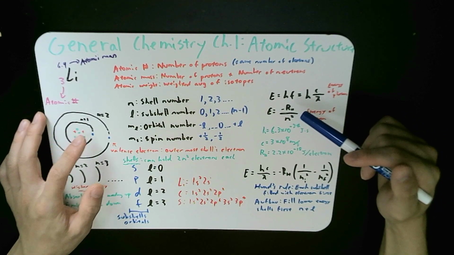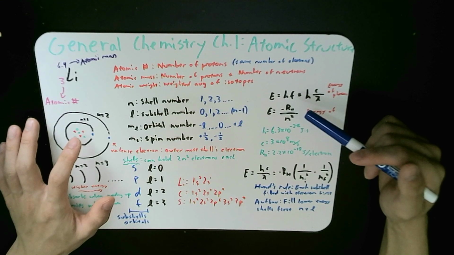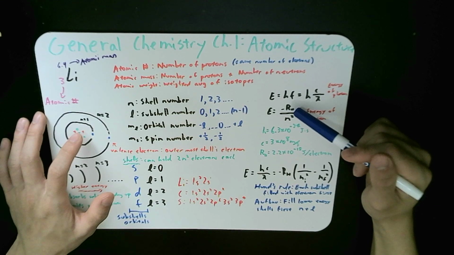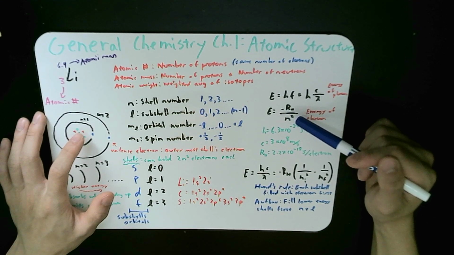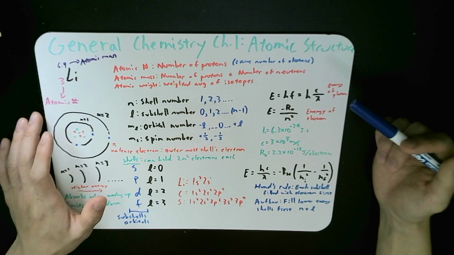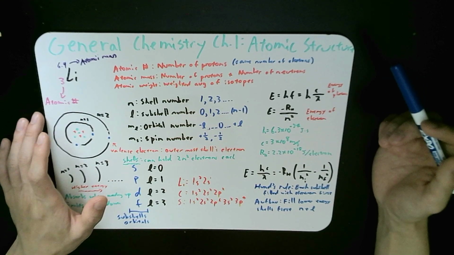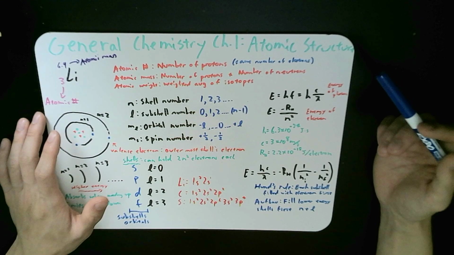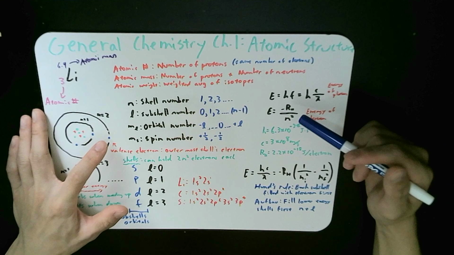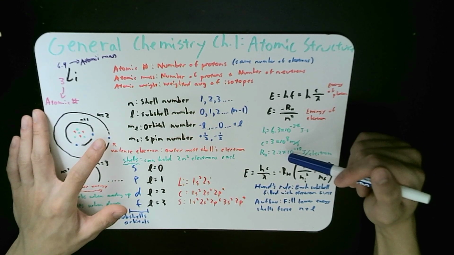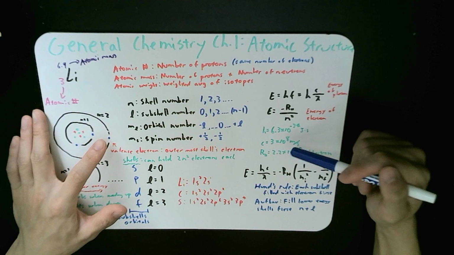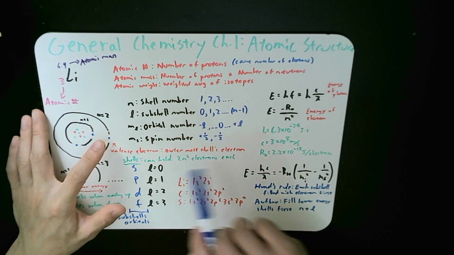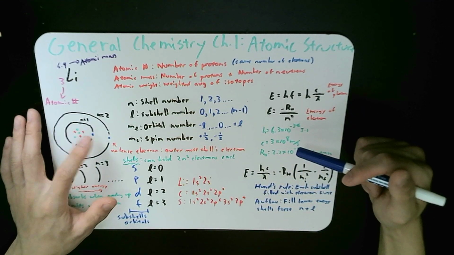So the energy of an electron in shell number 1 is negative RH divided by 1 squared, so that's negative 2.2 times 10 to the negative 18 joules. That's its potential. For shell number 2, it's over 4, which becomes about negative 5 times 10 to the negative 19 joules, but that's negative, so it's closer to 0, so that's higher energy than the first shell.